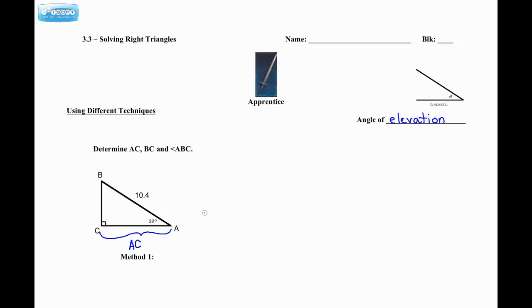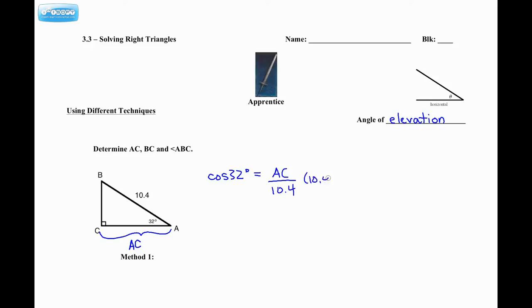So we can fill this in here. Because this triangle here is an example of this diagram. This angle here is what we call an angle of elevation. So this is the adjacent. That's the hypotenuse. We use cosine. So cosine of 32 degrees is adjacent over hypotenuse, thanks to SOHCAHTOA.